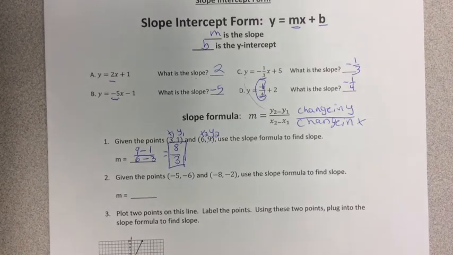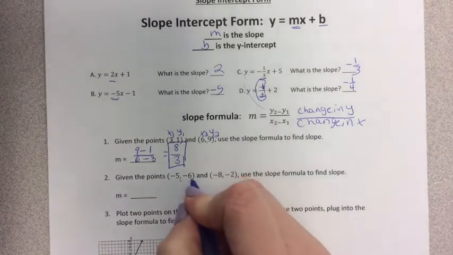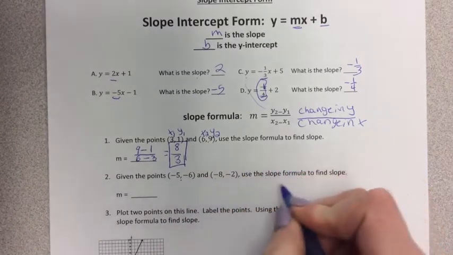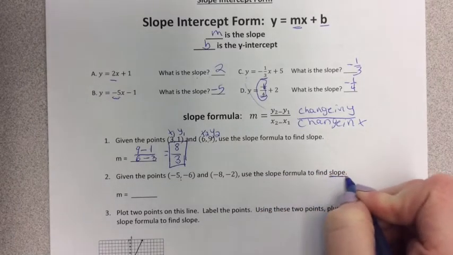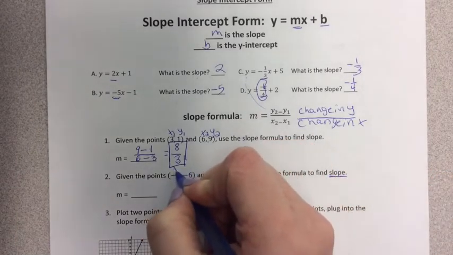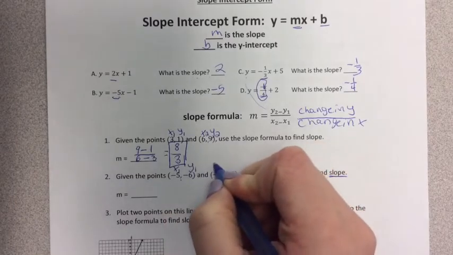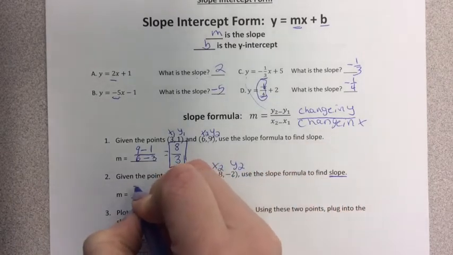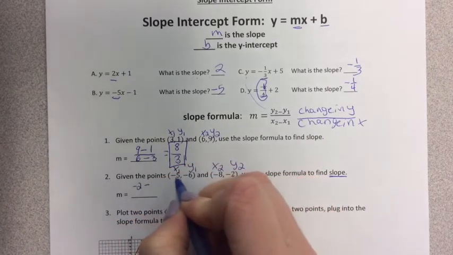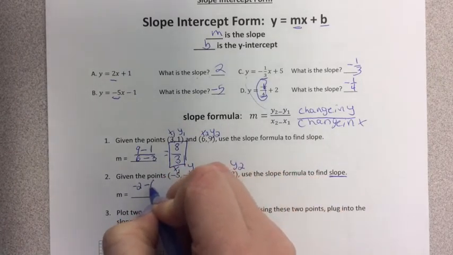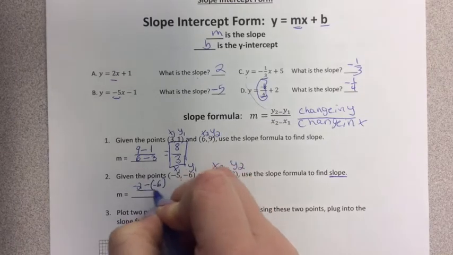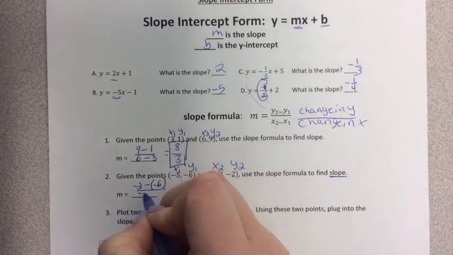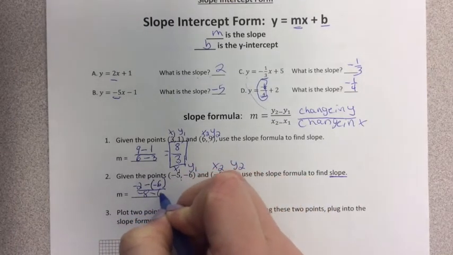Alright, so now it says, given the points (-5, -6) and (-8, -2), use the slope formula to find slope. Again, I'll do my labels. So y2, so -2 minus -6, and then we have -8 minus -5.